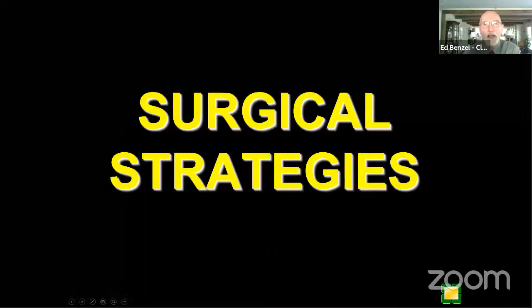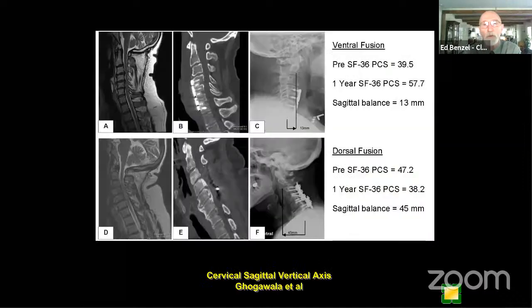So, surgical strategies. We know, from work by Gogolwala, that if we correct the SVA, cervical sagittal vertical axis, and keep it under 13, 14 millimeters, we will have much better health-related quality of life outcomes than if we don't correct it.